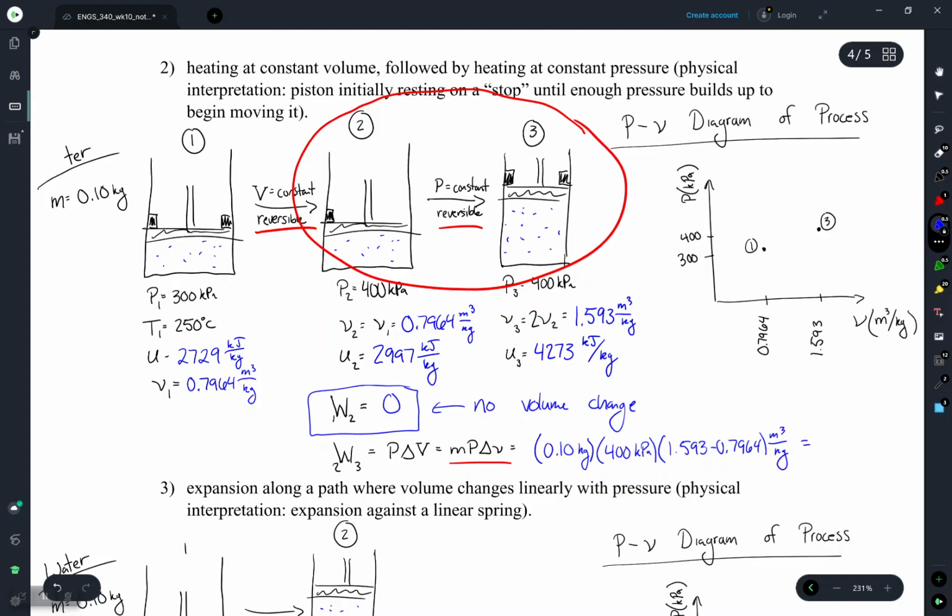And if we plug that into our calculators, we get a work of W23 is 31.86 kilojoules.